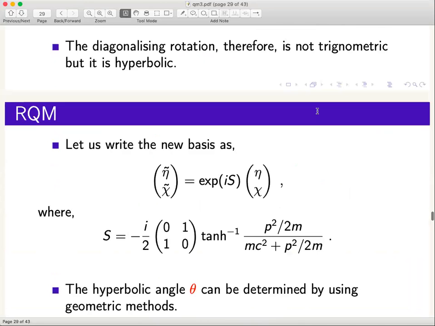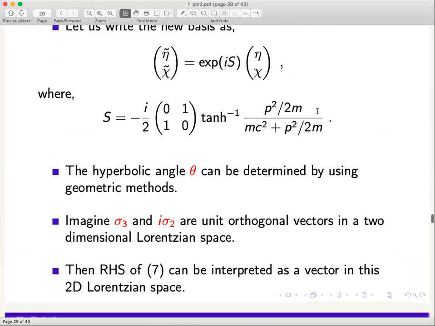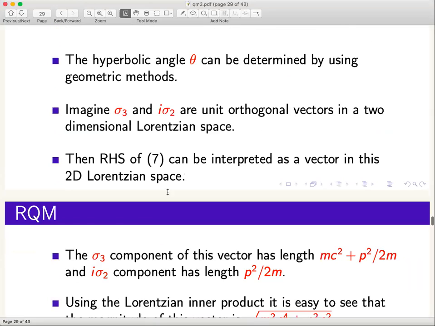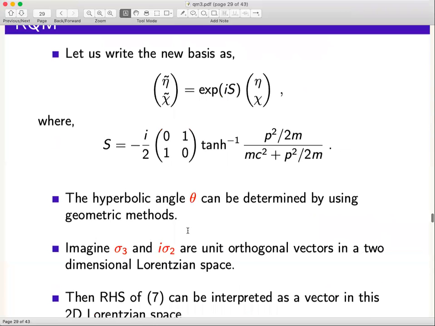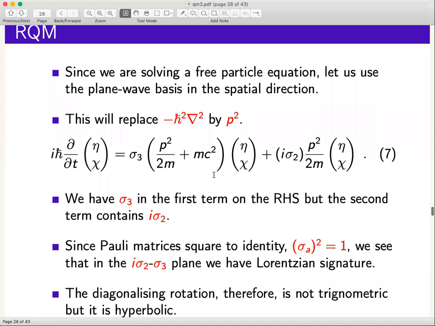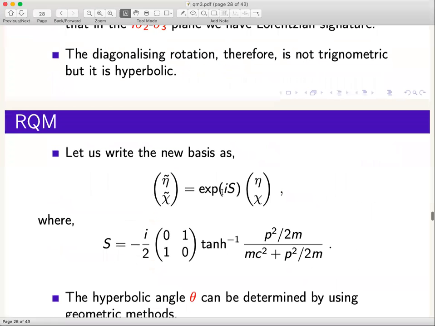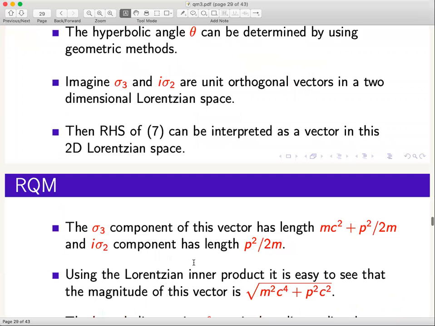The sigma 3 component of that vector has length mc squared plus p squared upon 2m, because that is the factor sitting here. So this is the sigma 3 projection, and the sigma 2 projection, of course, no points for guessing, is going to be p squared upon 2m.